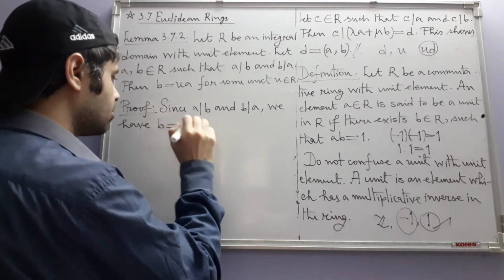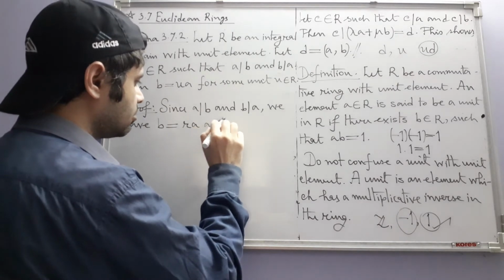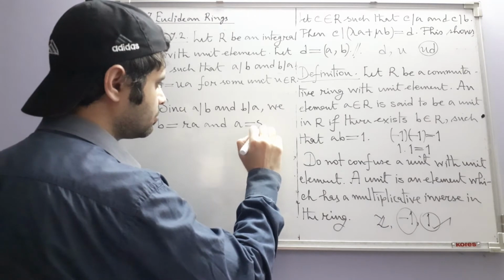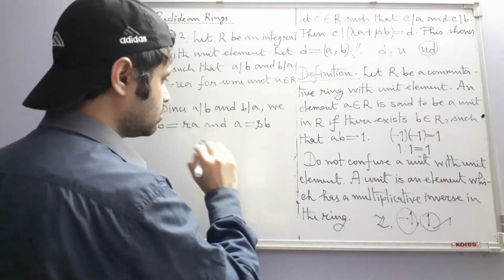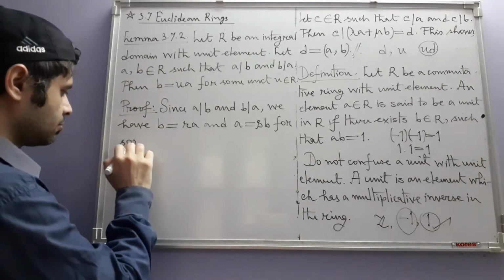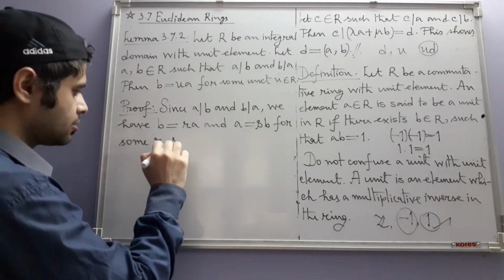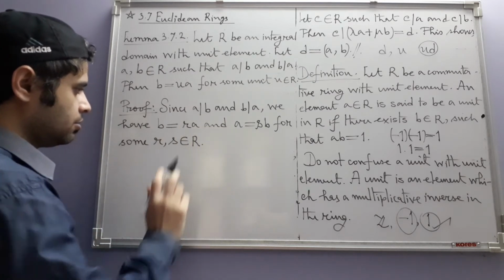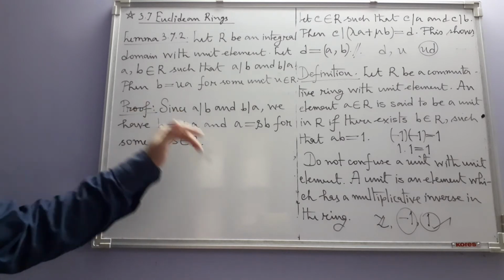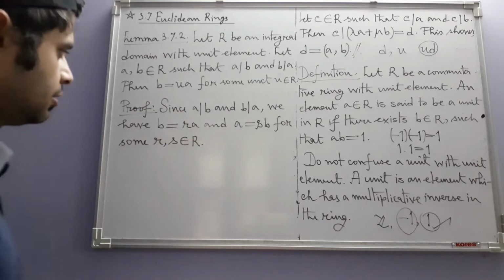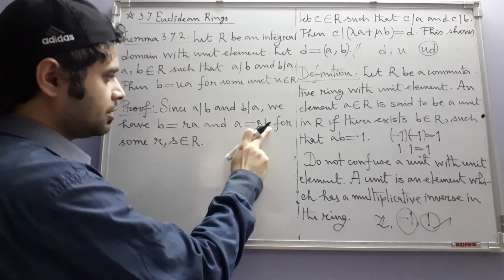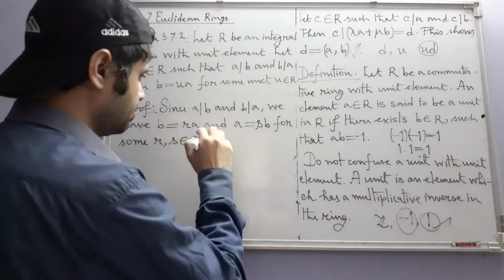Let us use RA, and this one tells us that A is also a multiple of B. So A is equal to SB for some elements R and S belonging to R. We don't yet know the nature of R and S. As of now, they are just elements in R. So you can see that we can replace A with SB in this equation.